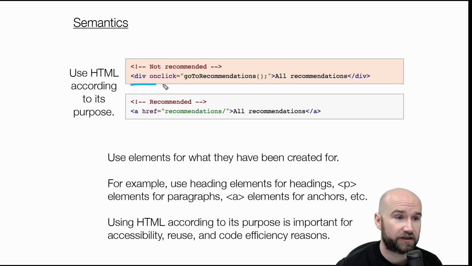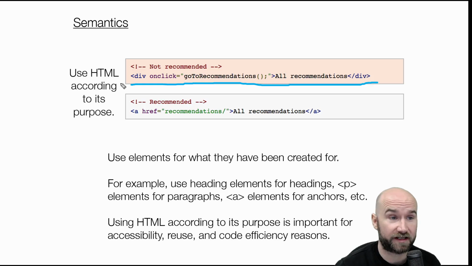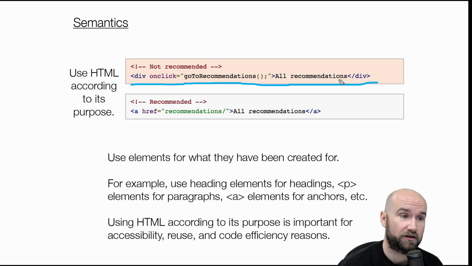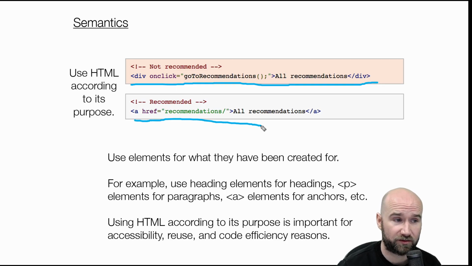So up above here, I don't think you've seen JavaScript really yet. So here we have a division where we're saying on click, run some JavaScript to go to a page. When in reality, all we really needed there was an anchor with a href to link to the recommendations page.